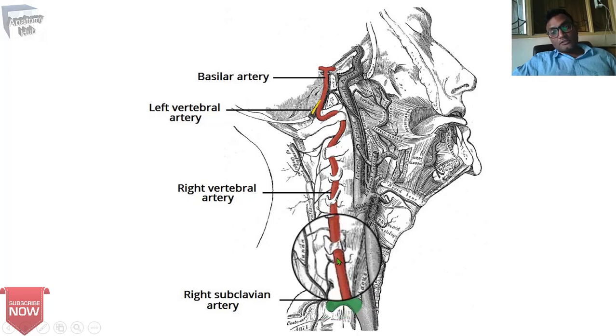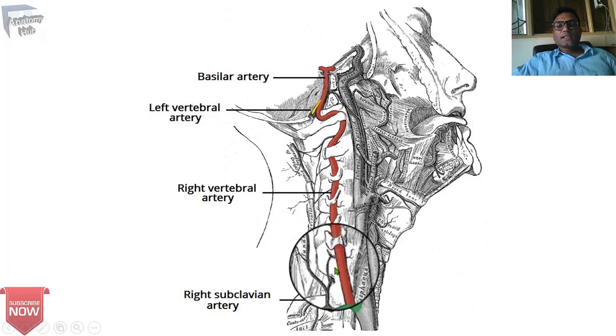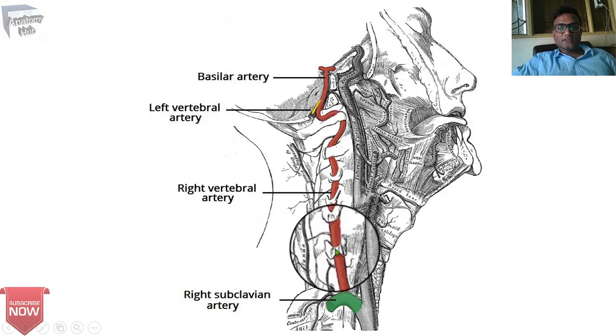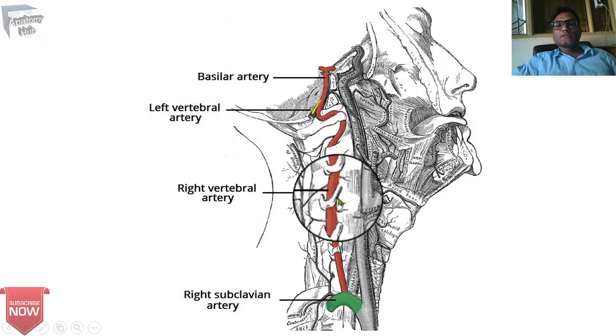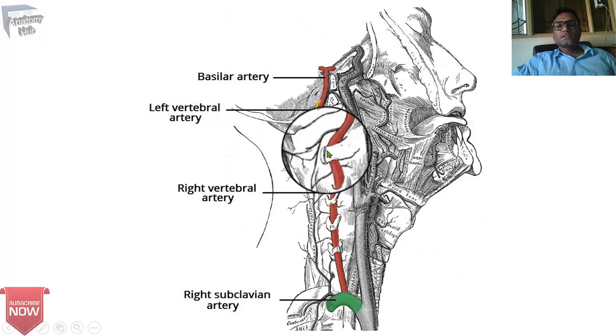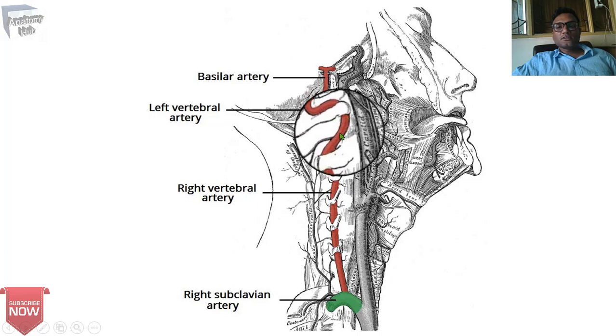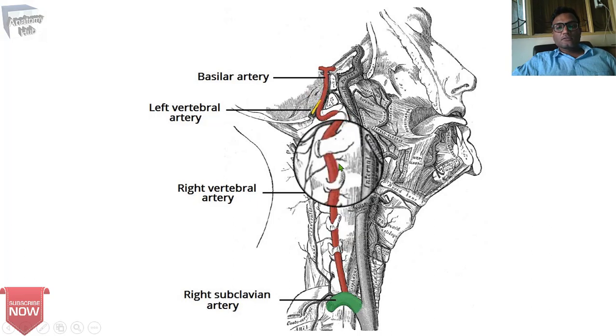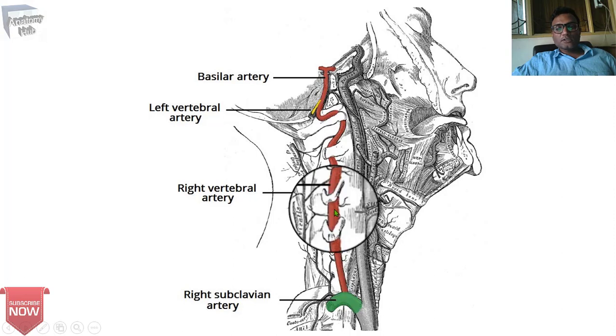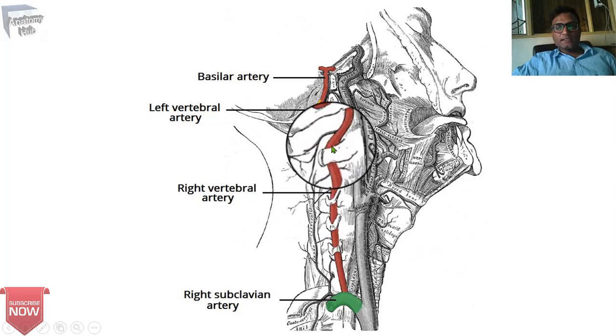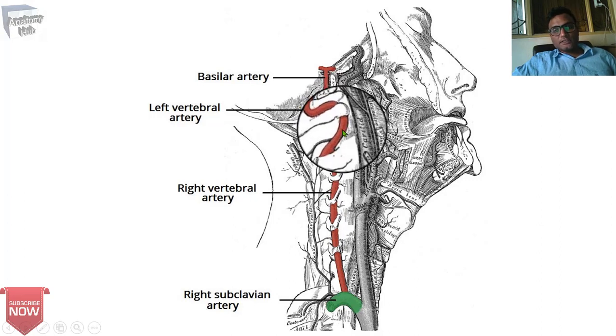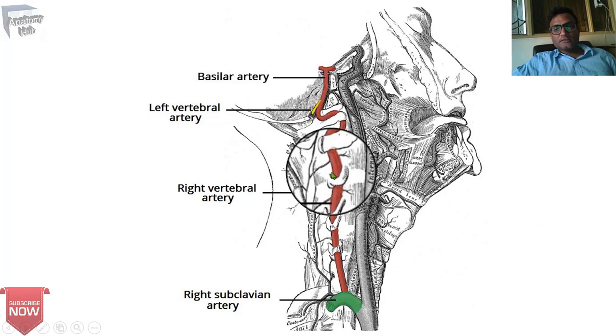But this vertebral artery only passes through the foramen transversarium from C6 onwards. So you will find C6, C5, C4, C3, C2 and C1. This is the second part of the vertebral artery that passes through the foramen transversarium. And also you will find here the venous plexus, the vertebral venous plexus.